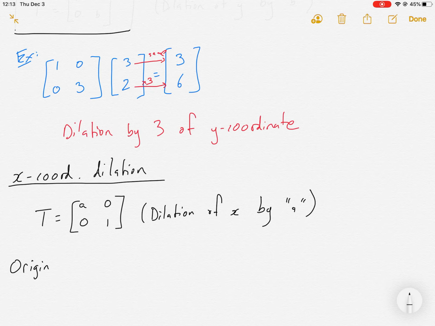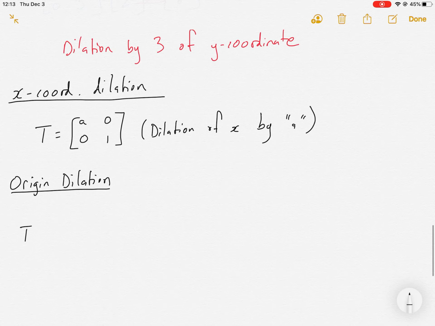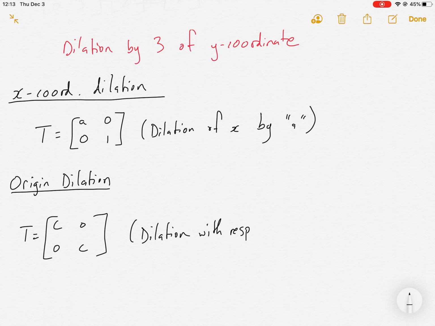And then origin dilation, well, now we're going to change both of the diagonal spots. So I could say, let's call it c. This would be a dilation with respect to the origin by whatever c happens to be.